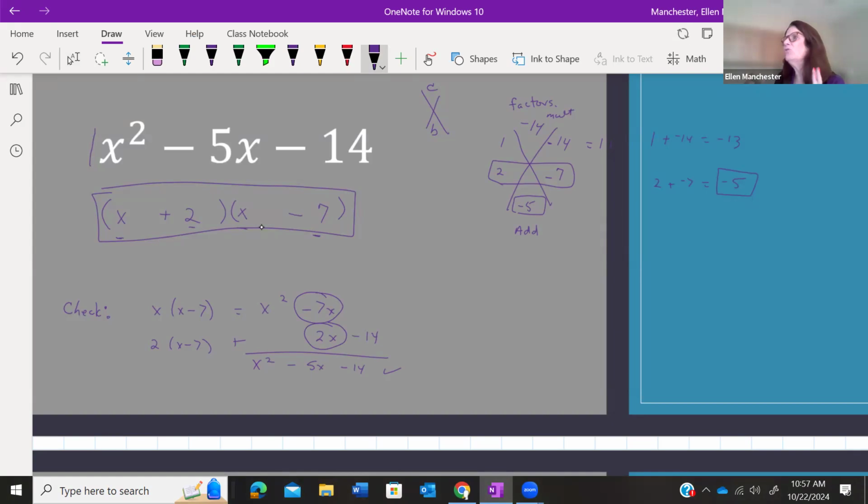The only thing I don't know for sure is the outside plus the inside has to be -5x. So the outside is -7 times x, which is -7x. The inside is 2x. So -7 plus 2 gives me -5. So I know I've done it correctly. Okay, so factors of C that add to give you B, the middle term.